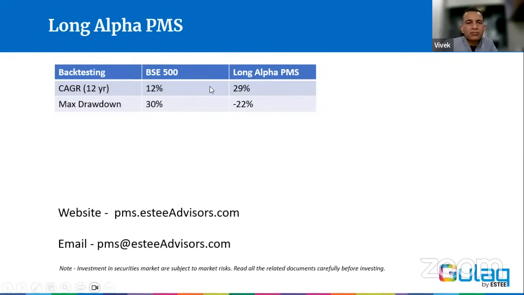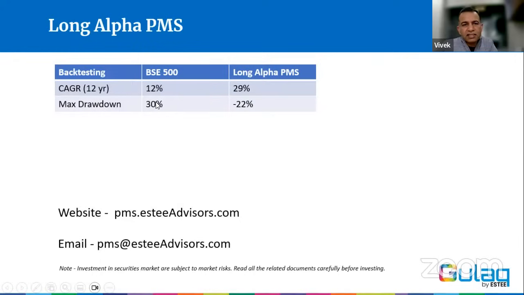And this is the long-term expectation, long-term back-tested results. So this PMS has obviously 5 years of track record, but 12 years of back-tested results say that overall the alpha we have been able to generate would be about 15-17%, and with much lower drawdowns.